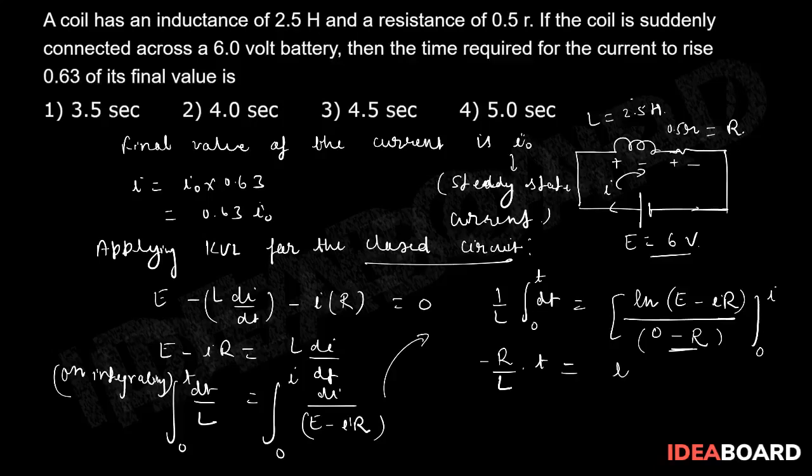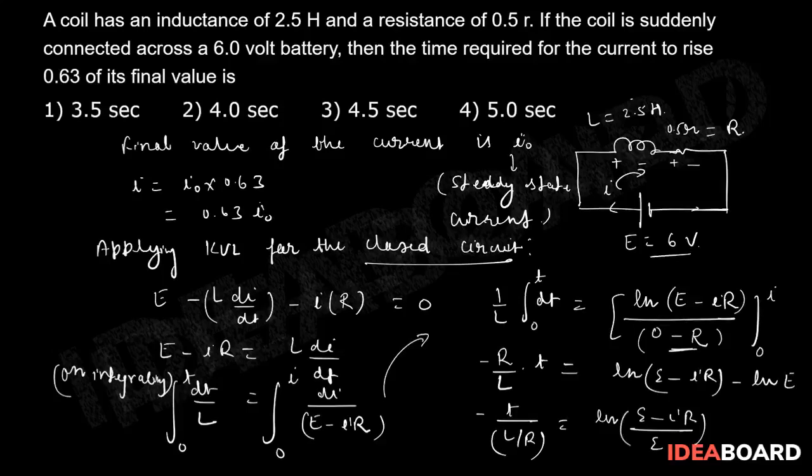If you put the limits, you get ln of E minus IR minus ln of E, right? Because I is 0 in that second case. So now I can write minus t upon L by R is equal to ln of E minus IR divided by E, perfect.